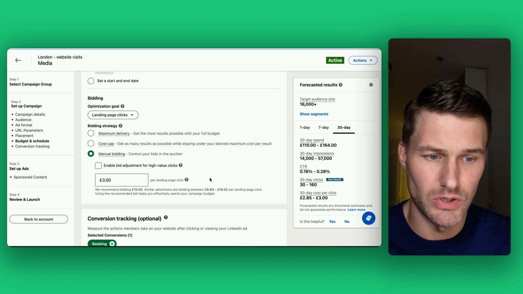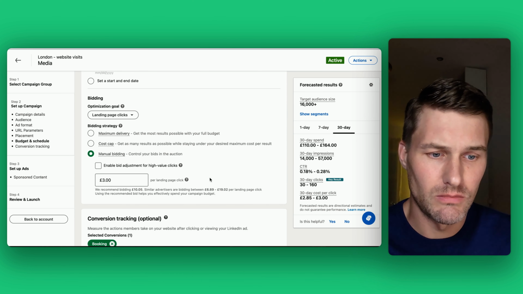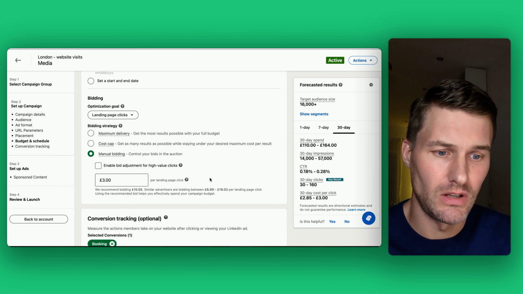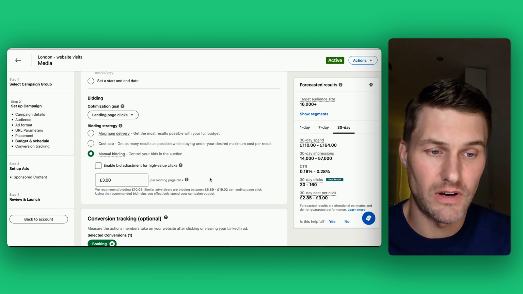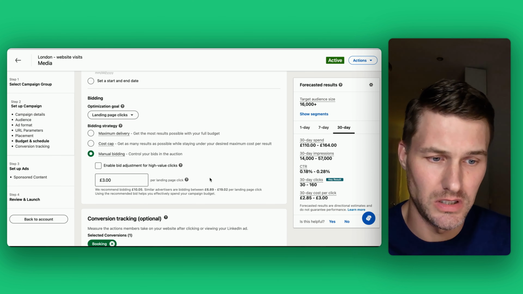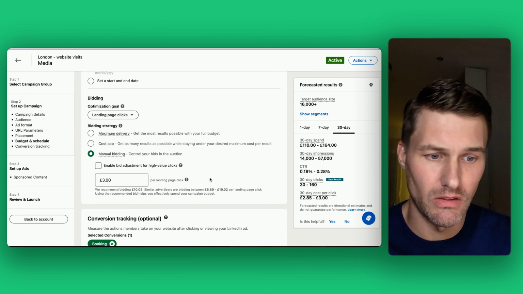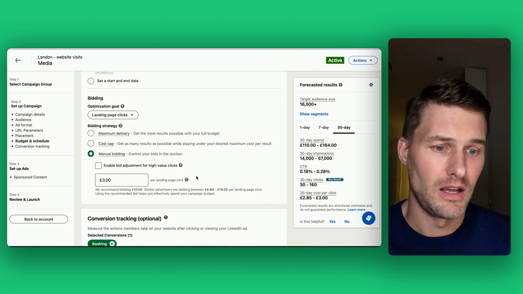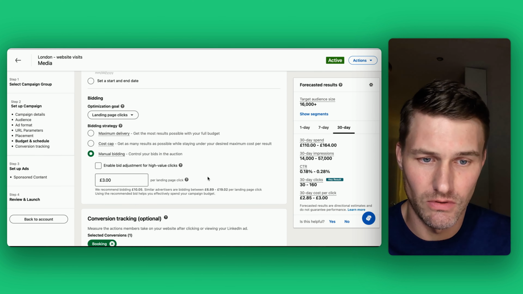US is always going to be more expensive, so you're not going to get as many clicks there. But normally I wouldn't recommend mixing geographies anyway. If you have a single geography and a relatively similar profile audience, company audience, then that shouldn't be an issue. So as a general rule, 30 to 50% of the lowest recommended bid, and that's going to be your sweet spot for manual bid.